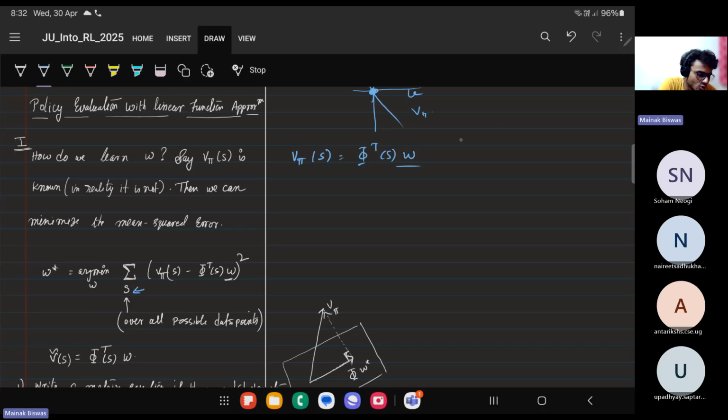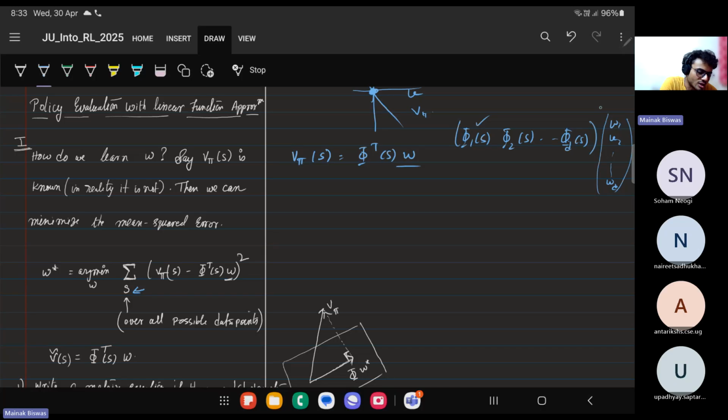And phi transpose S W just means, as Shuham was saying, phi 1, phi 2, up to phi D of S, and W1, W2, up to WD.